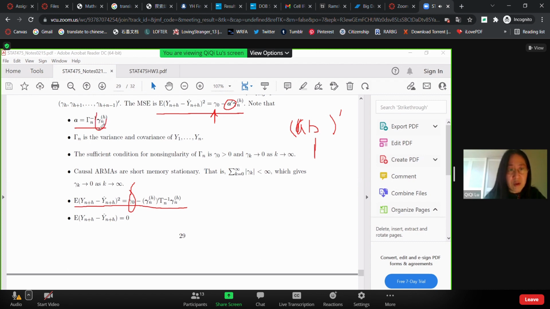So you have this transpose first, then gamma n inverse transposed. If you take the transpose of gamma n inverse, it is still gamma n inverse. Then times this gamma n right here. So that's the mean square error.